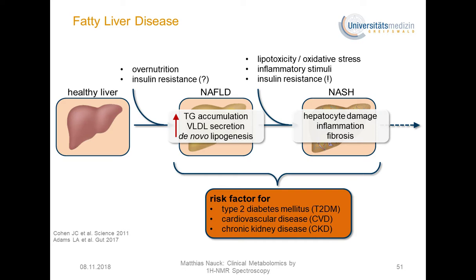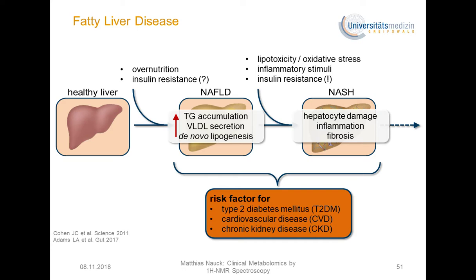And now I will come to the fatty liver disease. Of course, the liver is one of the main organs involved in the metabolism of nearly everything. On the one hand, we have the healthy liver, and then, owing to overnutrition and insulin resistance, we have changes in the liver, the NAFLD, the non-alcoholic fatty liver disease.